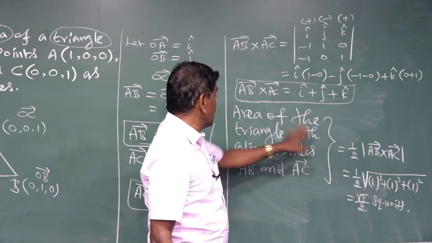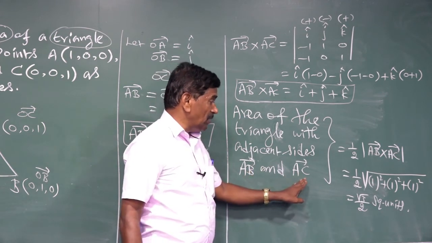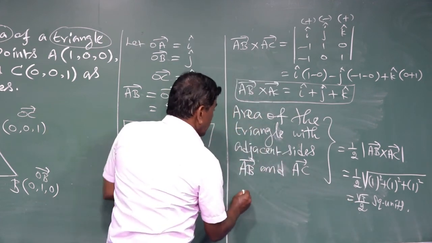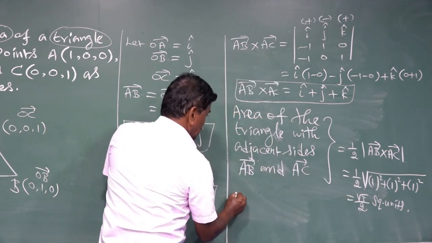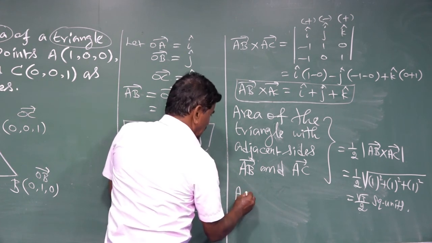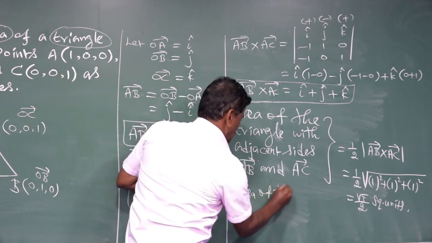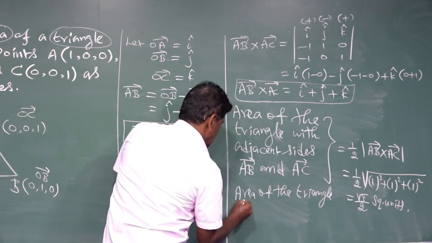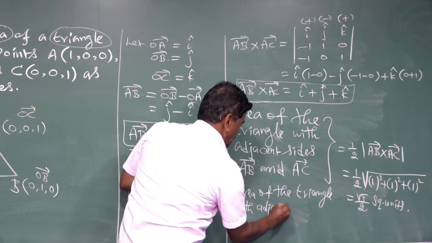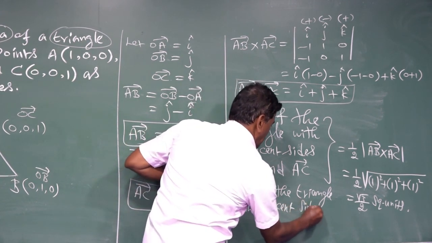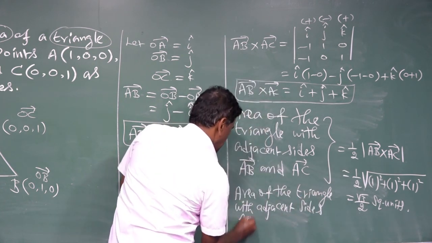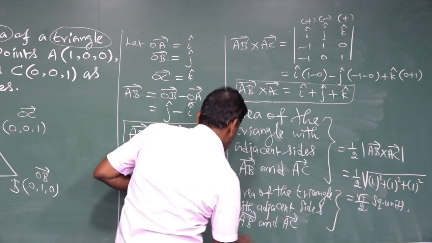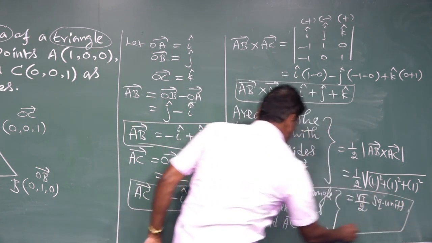Therefore, the area of the triangle with adjacent sides AB vector and AC vector is root 3 by 2 square units.